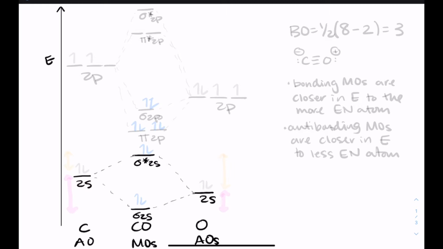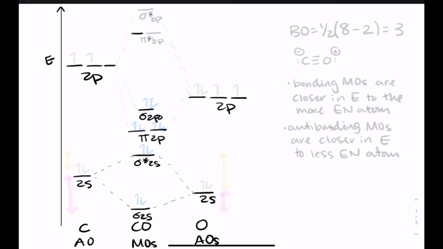The more electronegative atom has lower energy atomic orbitals. So when I put in 2s and 2p for carbon, both of those will be at higher energies than the 2s and 2p for oxygen. And it should be very obvious that they're at different energies when you write this on your assignments.